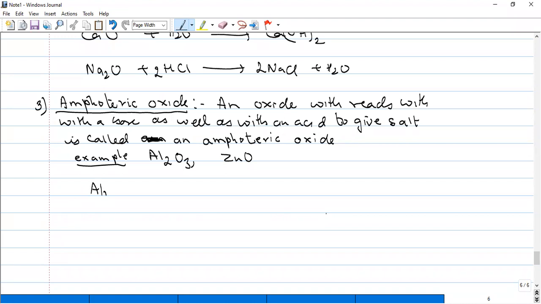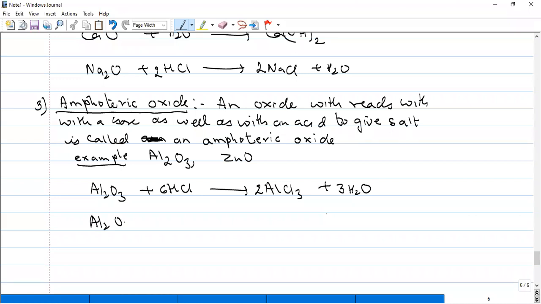Aluminium oxide reacts with acid and forms salt and water. It is reacting with acid.